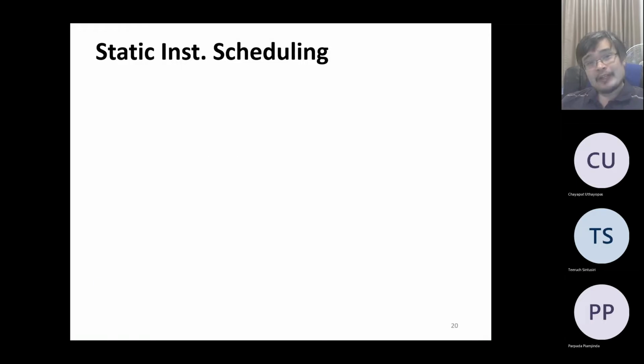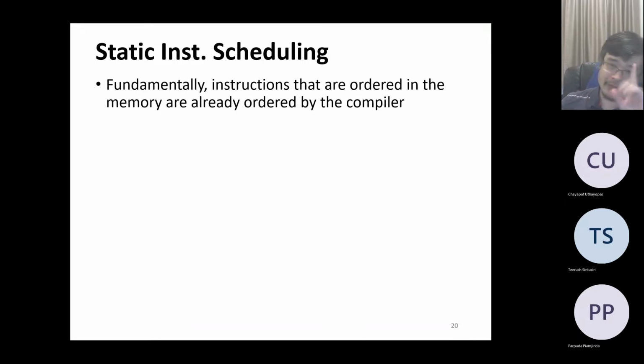So another different idea is why don't we rely on a compiler to perform some part of the instruction scheduling? Because fundamentally, instructions that are ordered in memory are already ordered by the compiler, right?